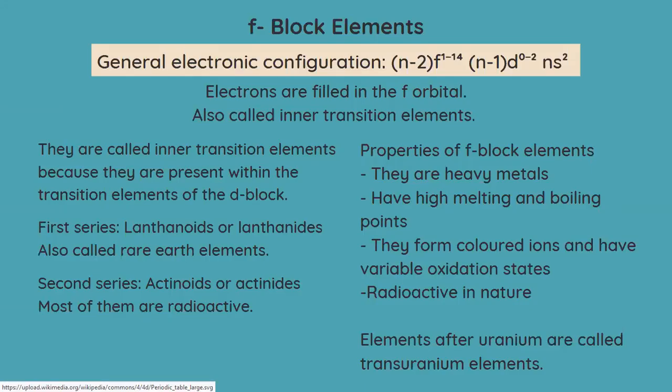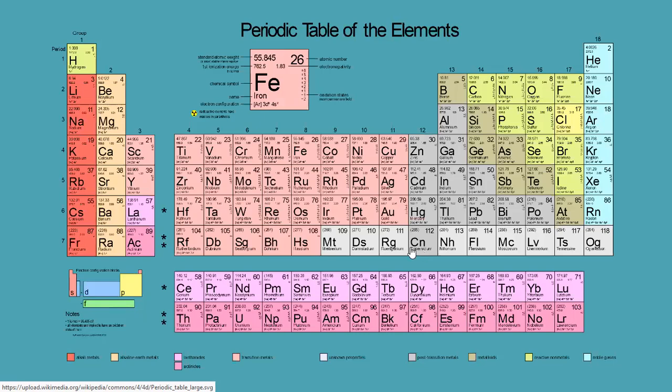Next, f block elements. Now, f block, as I told you, basically consists of our lanthanoids and actinoids. So the general electronic configuration for the outermost shell is n-2 f 1 to 14, n-1 d 0 to 2, and ns2. So for the sixth period, n-1 d is 6 minus 1, that is 5d, and n-2 is 6 minus 2, that is 4f.